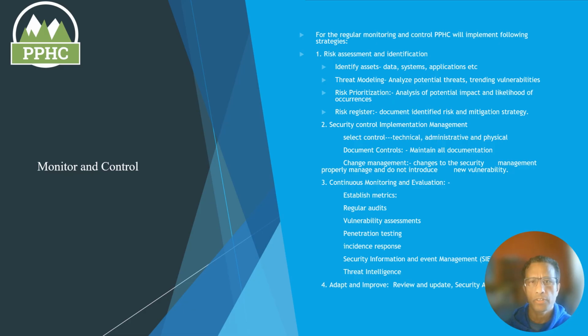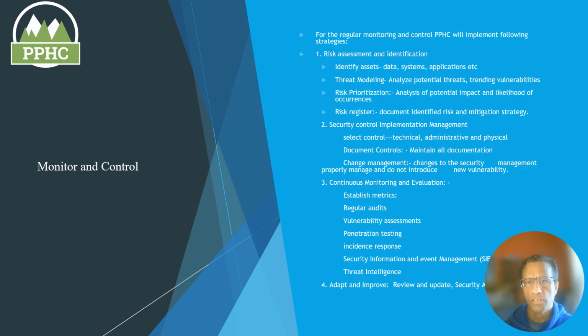Monitor and control. For regular monitoring and control, PPHC will implement the following strategies. First, risk assessment and identification, which identifies the assets, data, systems, and applications, and threat modeling, which analyzes potential threats and trending vulnerabilities, and we prioritize the risk by analyzing potential impact and likelihood of occurrence.